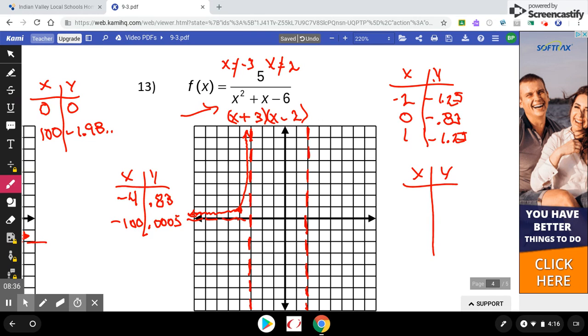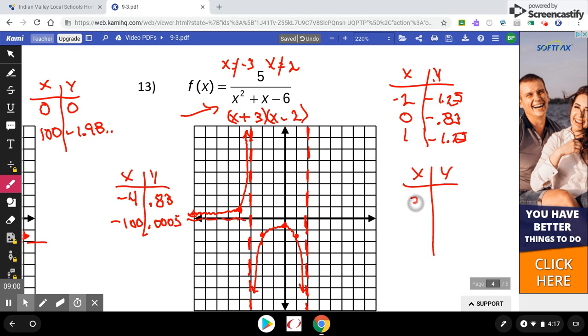I plugged in negative 2, and I got negative 1.25, which is right about there. I plugged in 0, and I got negative 0.83, which is right about there. And this one's right about there. Well, the only way I can connect those 3 dots, guys, is I'm heading down, so I keep going down. I'm heading down, so I keep going down. So I get sort of a loop-de-loop on the bottom there.